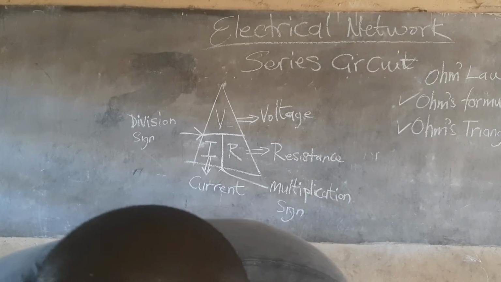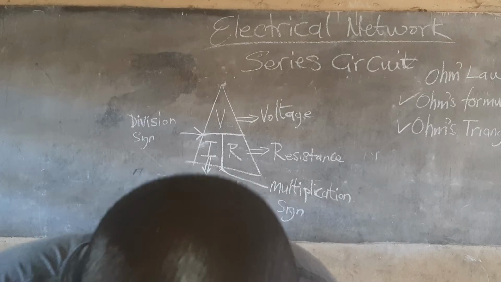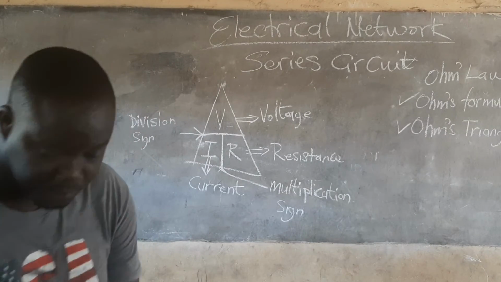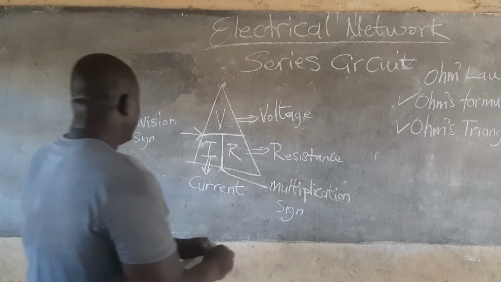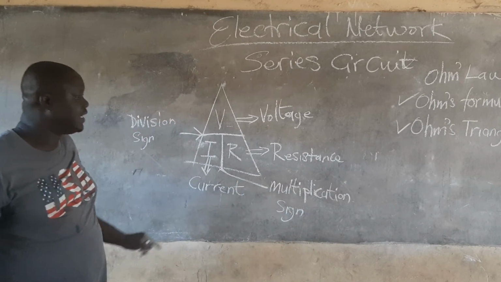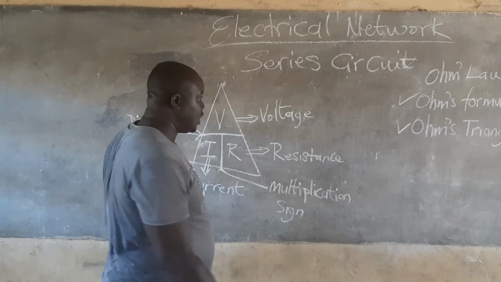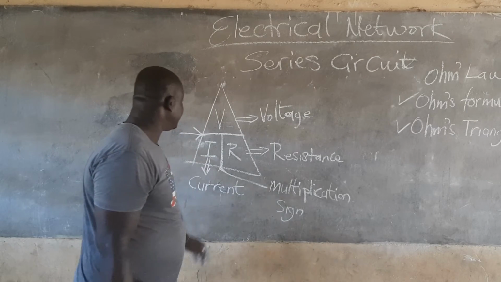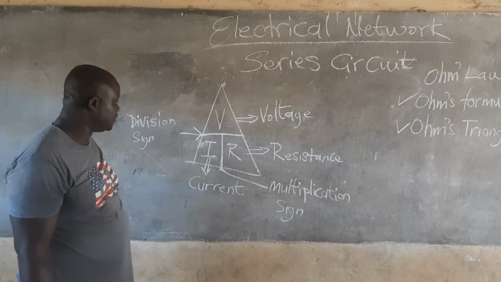Let me take one chalk here. So, if I place any one of my hand on this alphabet, what it means is that I am standing alone. So let's say we want to find voltage.